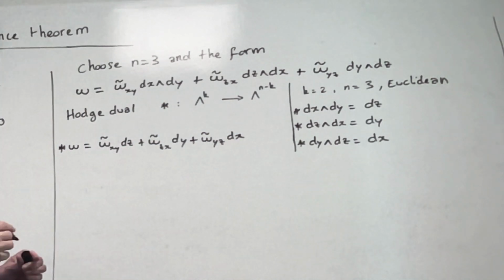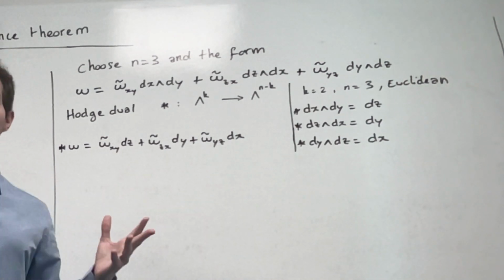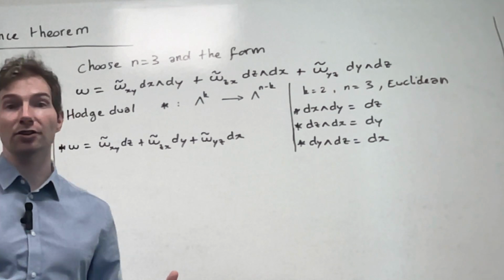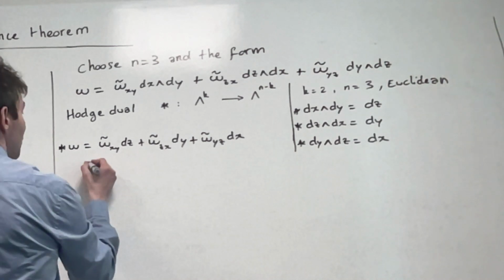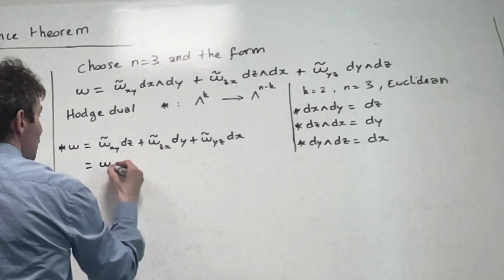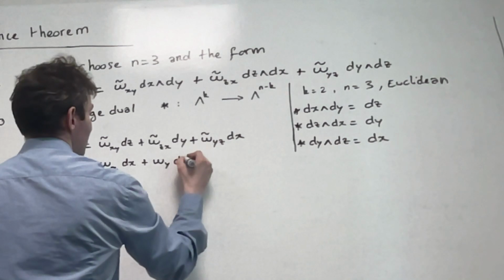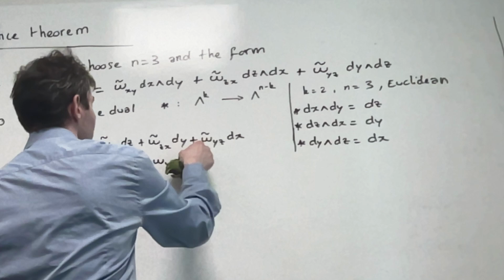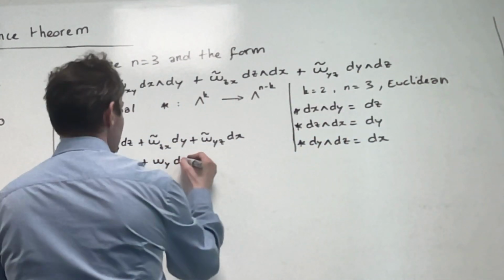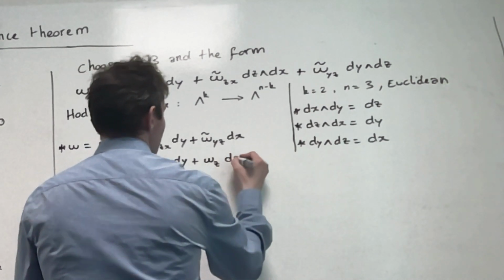Okay, so because I actually write these things with dz, dy, and dx, I can try to use notations that would be traditionally used, for example, when we look at one forms, when we look at vectors. And so what that means is that I could try to express this as omega x dx plus omega y dy plus omega z dz.